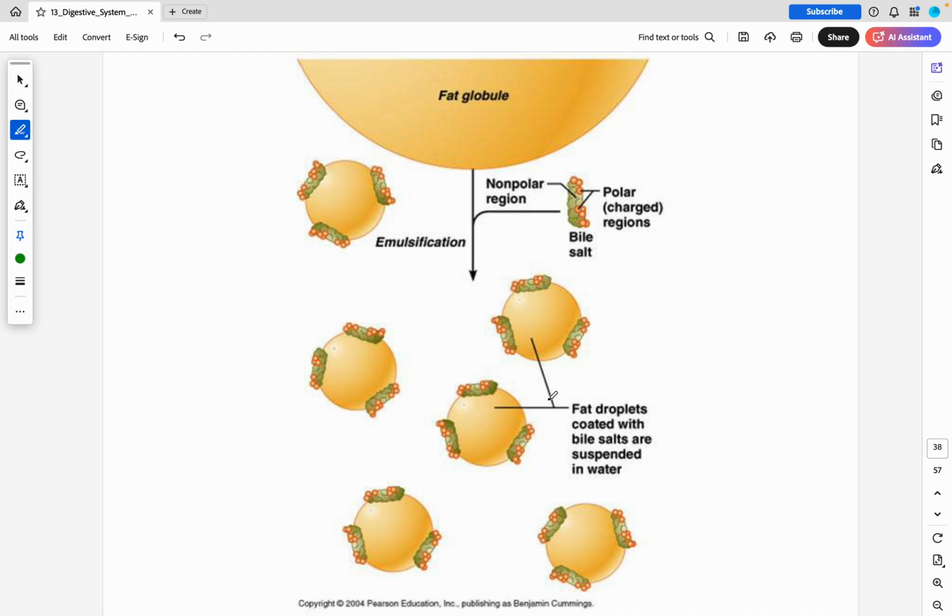The bile salts break down the fat globule into smaller droplets by having a polar and non-polar region, and the non-polar region primarily acts as a scaffold to fat droplets. So fat droplets can be produced into smaller sizes from the fat globule.